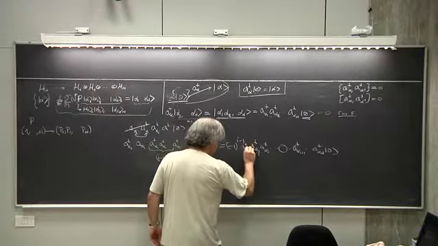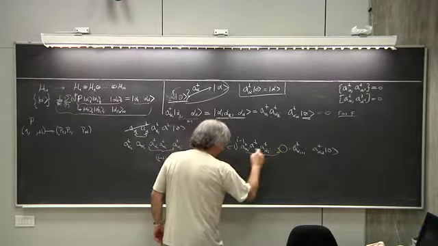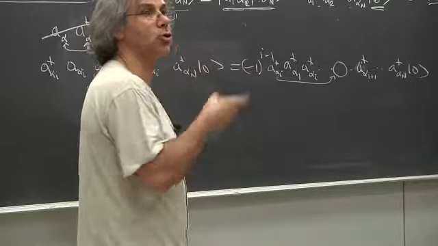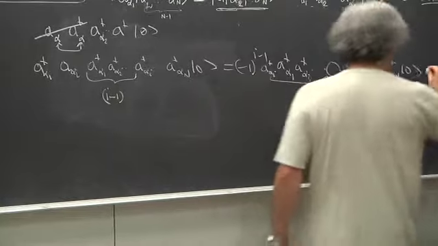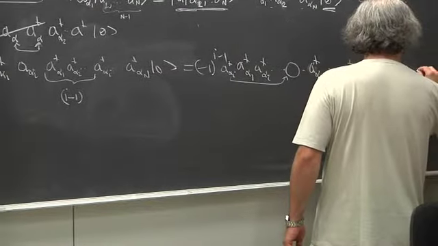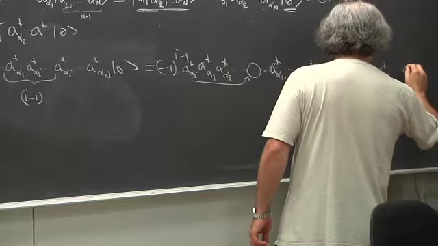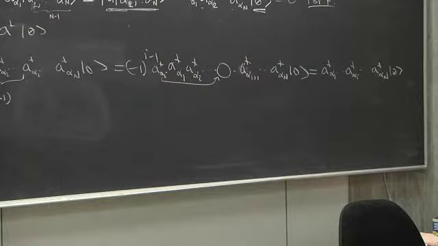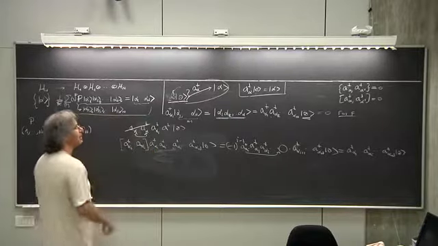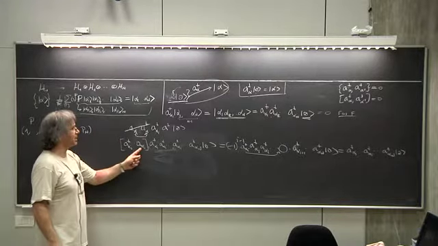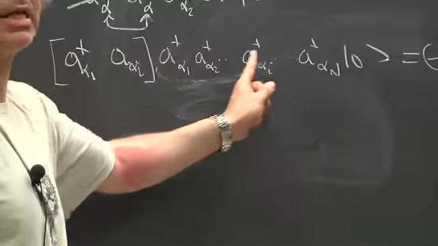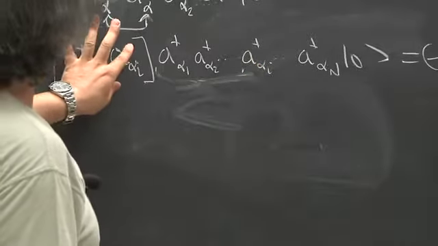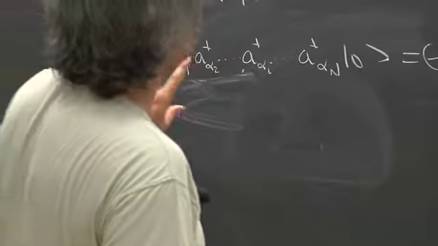When I bring this there, I get another such factor, which makes a total of plus 1. So the result is just equal to A dagger alpha 1, A dagger alpha I, A dagger alpha n, vacuum. In some sense, if alpha is a label included in this list somewhere, this operator is simply counting that there is one such label.